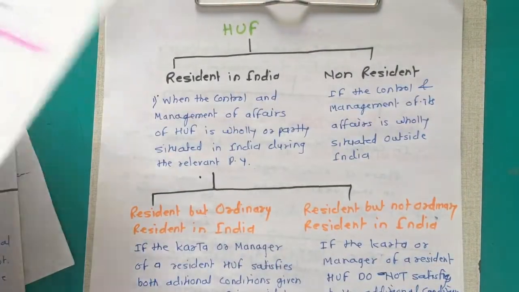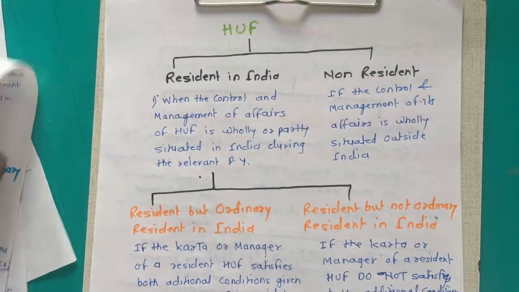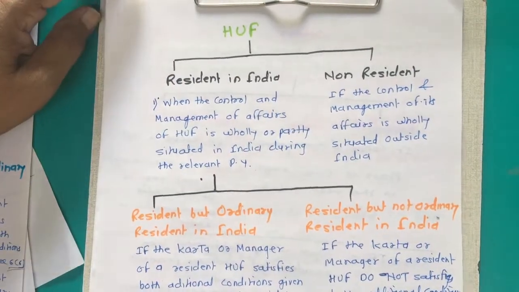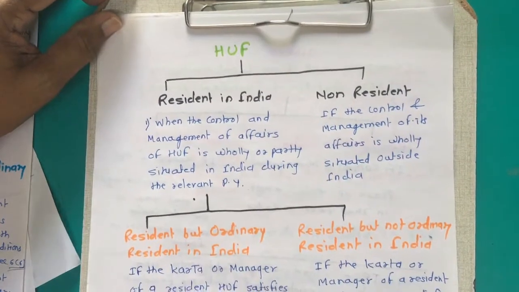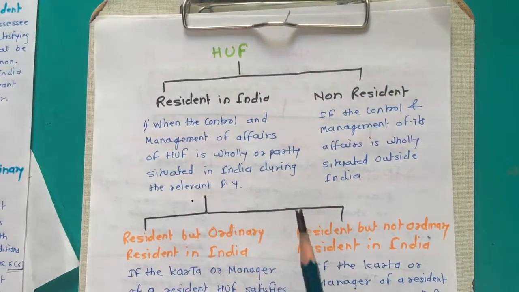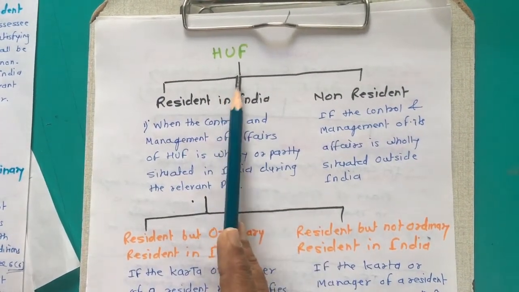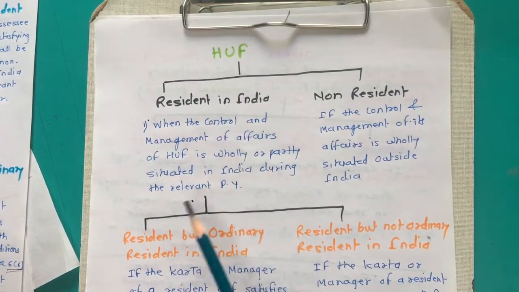Now we are going to study the residential status of a Hindu undivided family, which is a person as per the Income Tax Act.